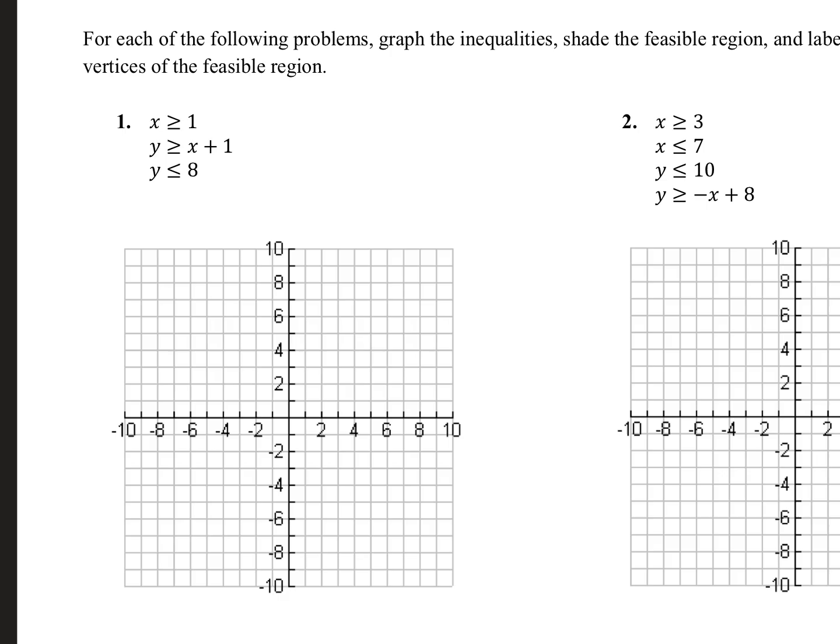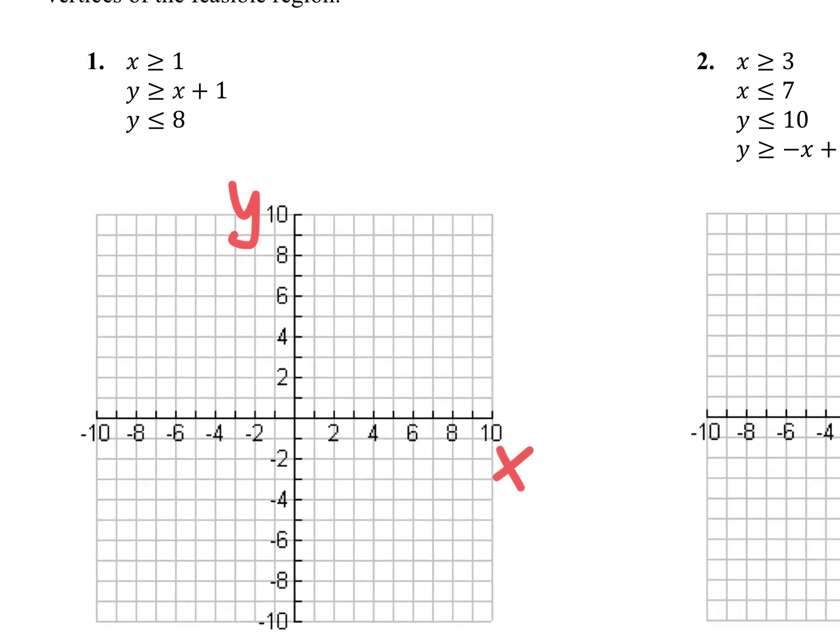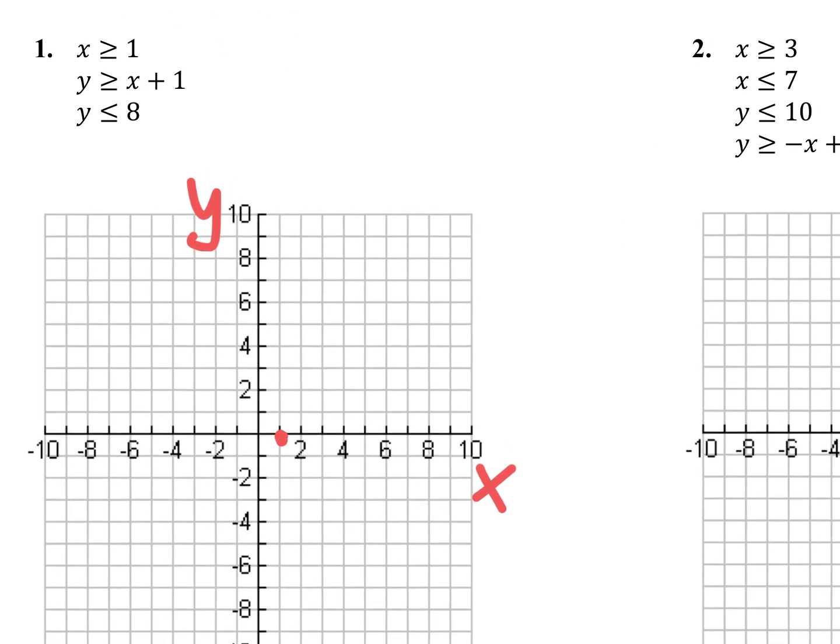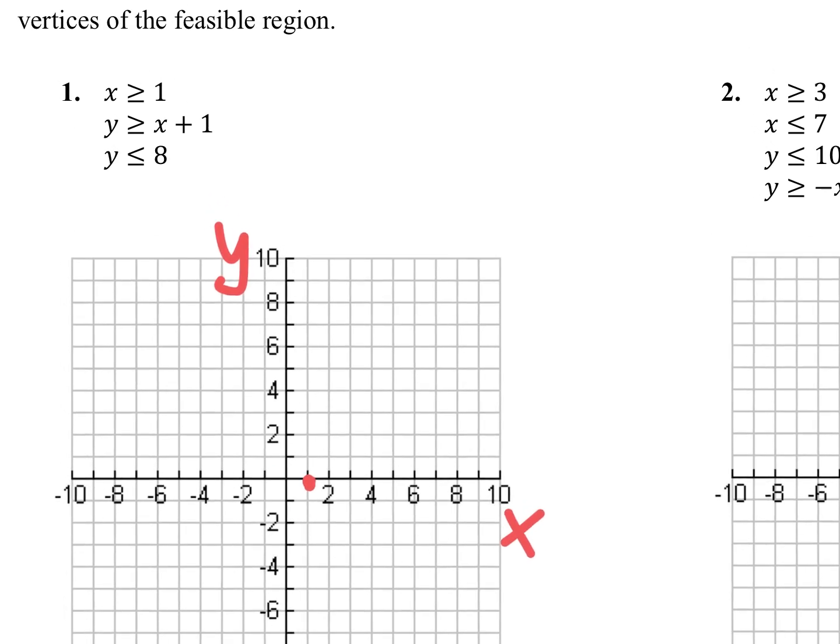X is greater than or equal to 1. First thing I do is go, here's X and here's Y. And then I go, where's X equal to 1 even at all? I put a dot there. Now I feel like it's going to go up and down or left and right? What do you say? Up and down from there? I agree. Now notice it says greater than or equal to.